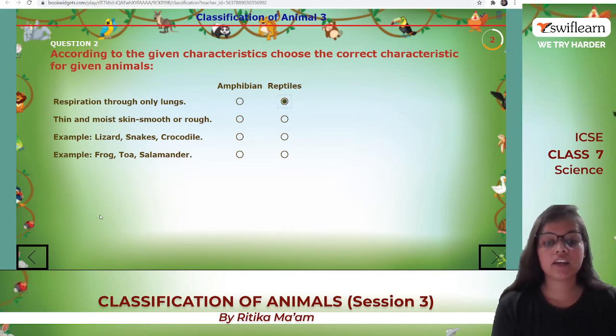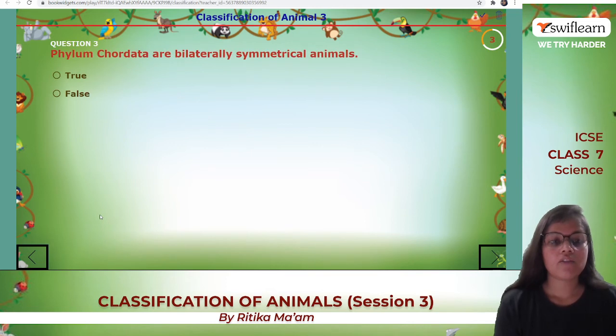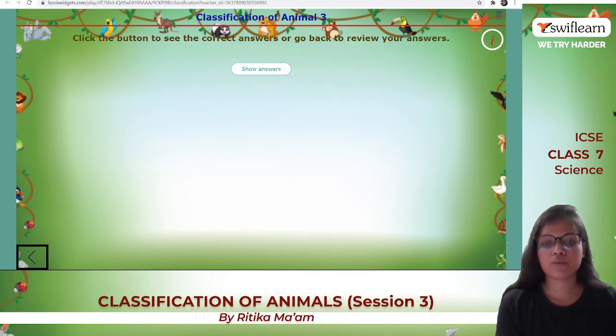Thin and moist skin which is smooth or rough, so it is amphibian. The examples of this particular class are lizard, snake, and crocodile. So again it is reptile, and frog, toad, salamander come under the category of amphibians. Phylum Chordata animals are bilaterally symmetrical, so that is absolutely true.